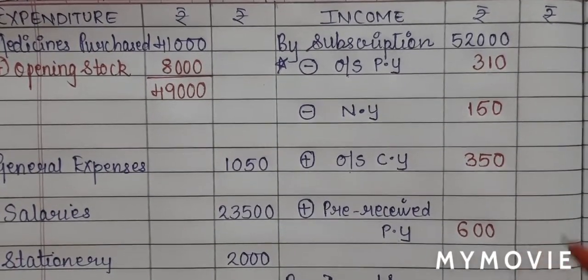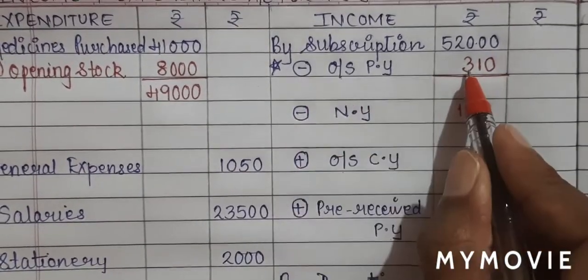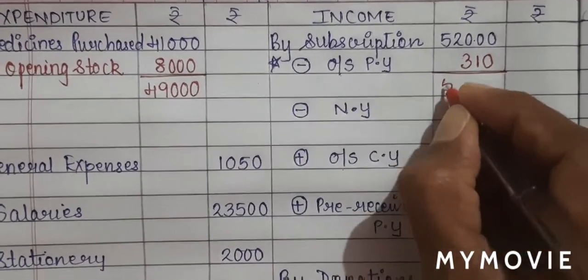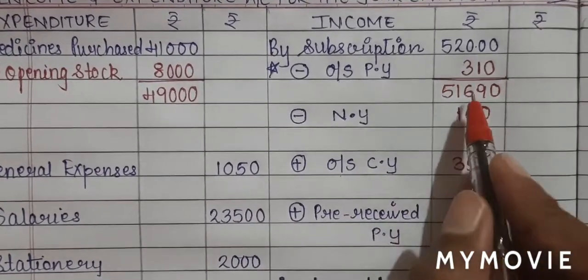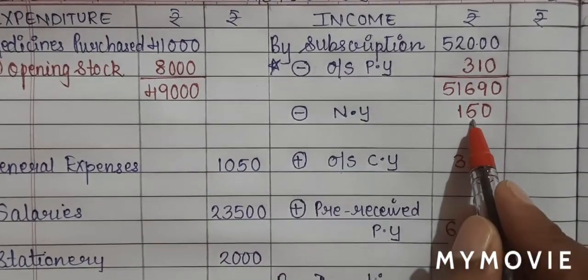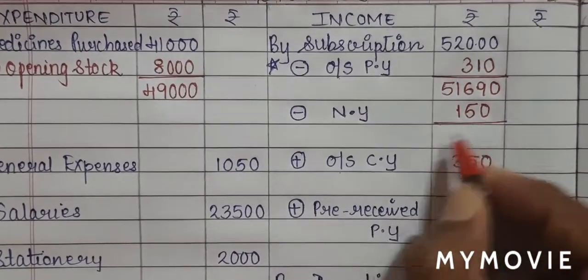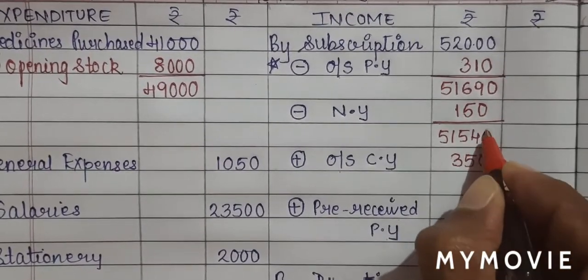So let us do the calculation. 52,000 minus 310 will give me 51,690. Then 51,690 minus 150, I'll get a balance of 51,540.